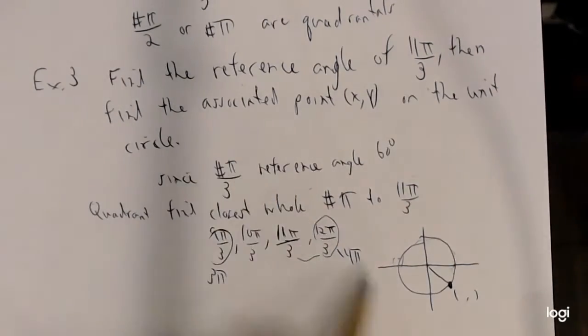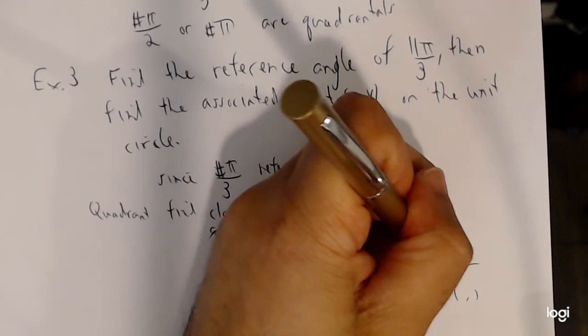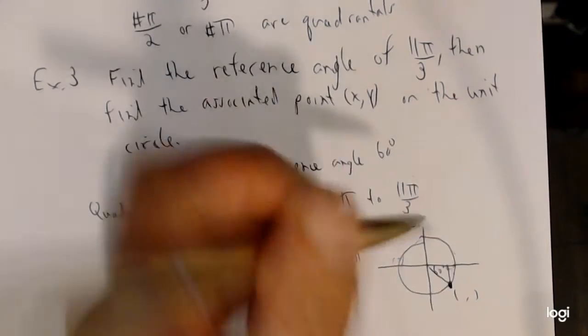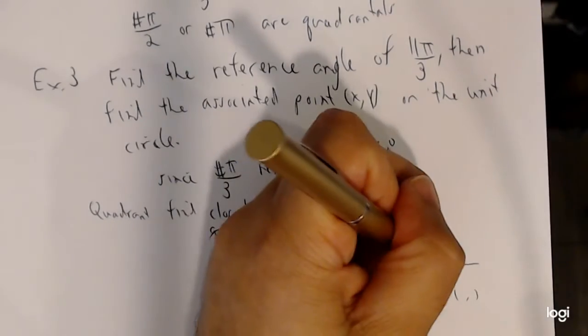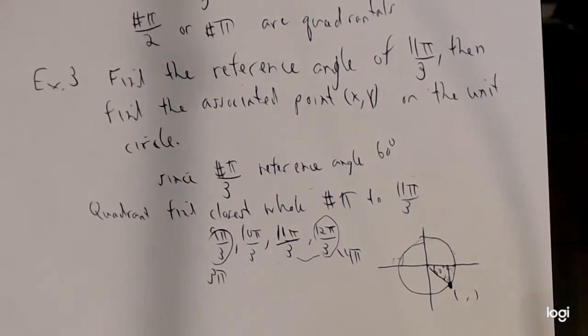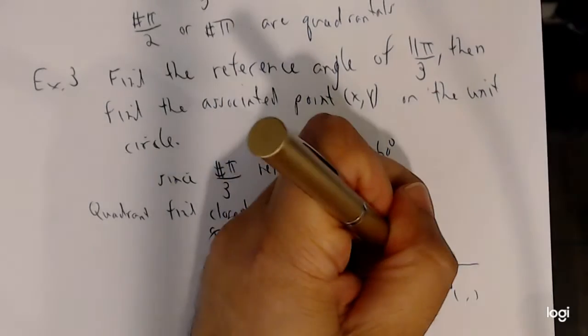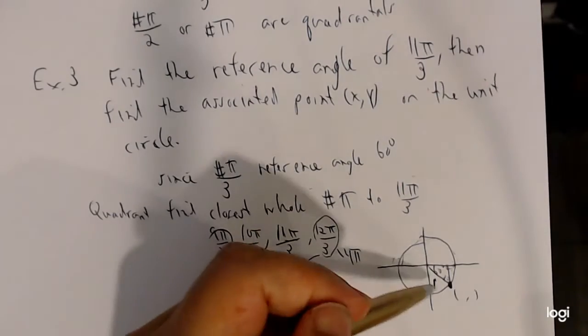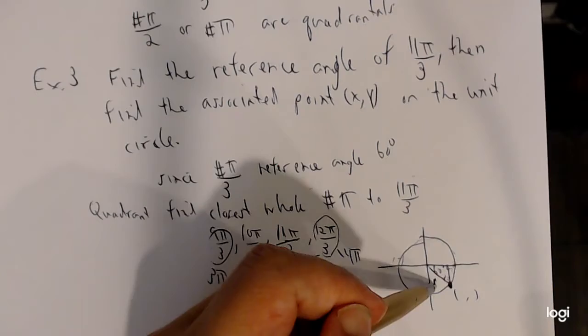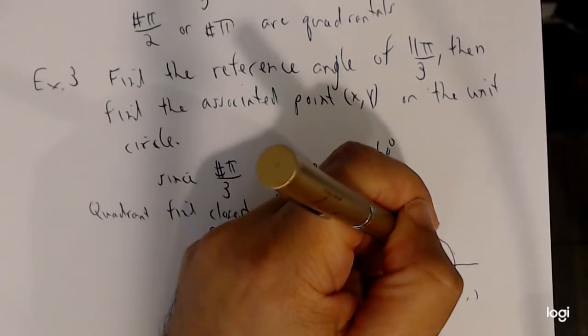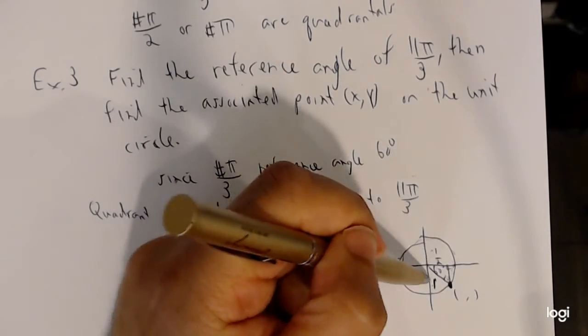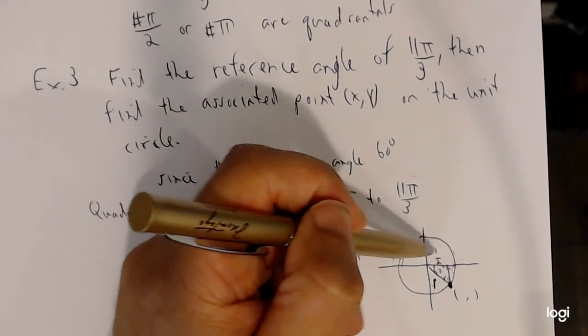What do I know about the reference angle? The reference angle is 60 degrees. So if I make my right triangle, I have my 30, 60, 90 triangle, and we go back to what we've learned about 30, 60, 90, except my radius is 1 now. So I have the hypotenuse. To go from the hypotenuse to the shorter leg, I divide by 2, because from the shorter leg to the hypotenuse you double, but now I'm going backwards.